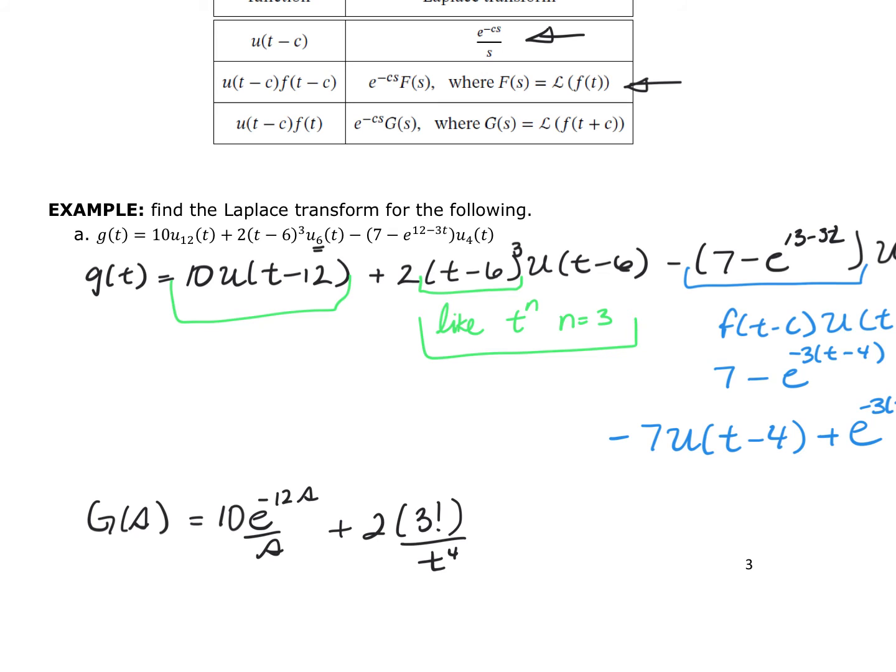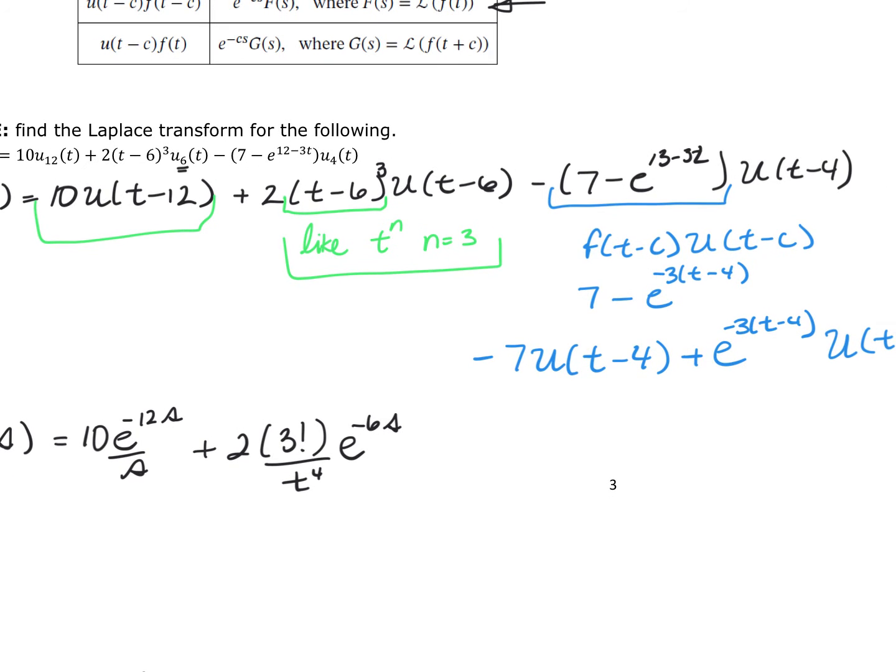So this is going to be multiplied by e raised to the negative 6s. My last one, because I broke it apart, the first part is just going to be like the 10 u of t minus 12. So this is going to be minus 7 e raised to the negative 4s over s.